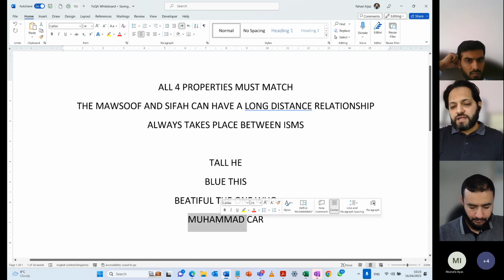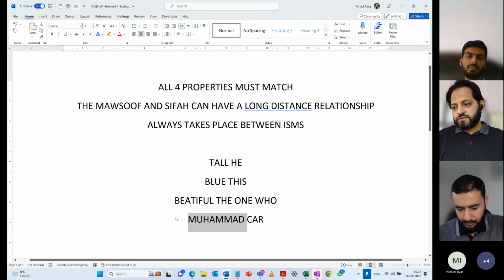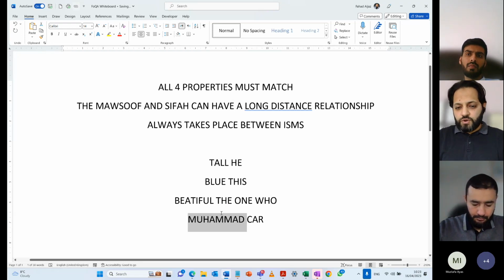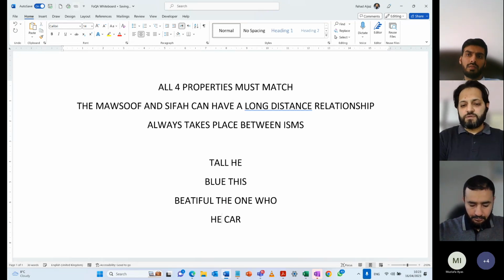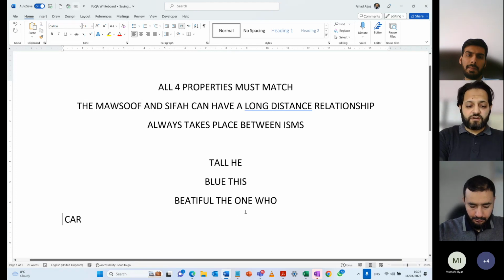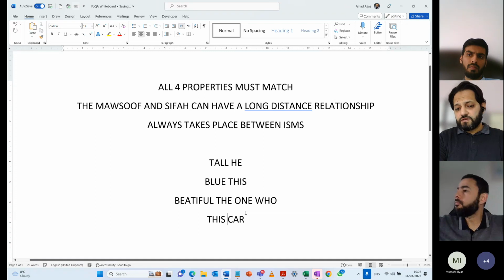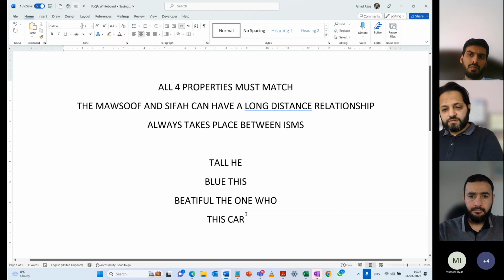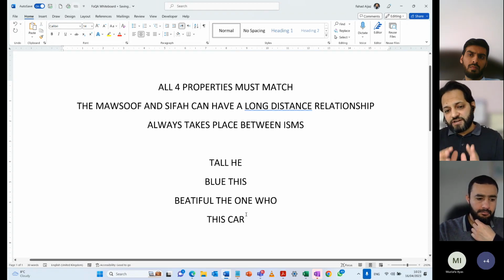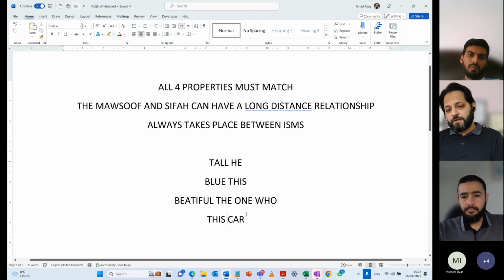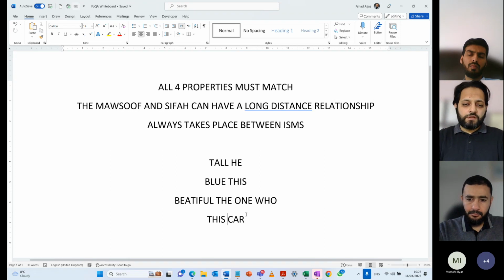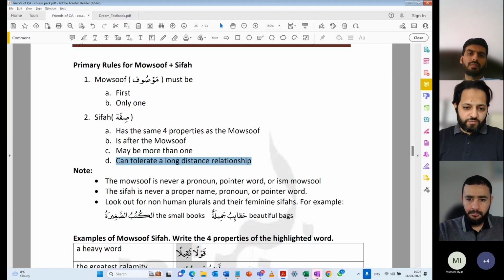So proper names cannot become sifat. That's what we are saying here. And so are the pronouns. He, car cannot be there as a sifa, right? This car, if you say, this car is a fragment of a different type, but this cannot be the sifa, the adjective of the car, right? That's what the second point is saying.